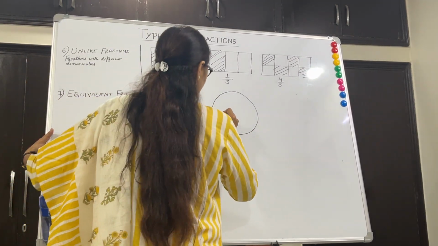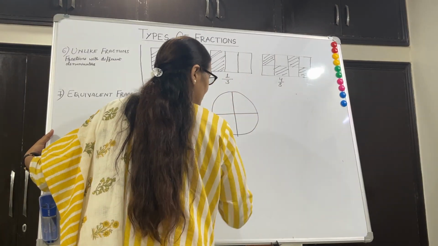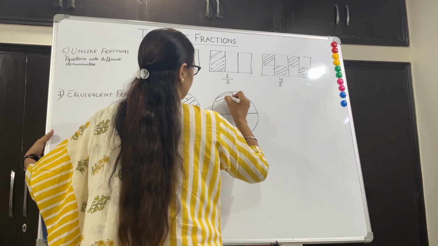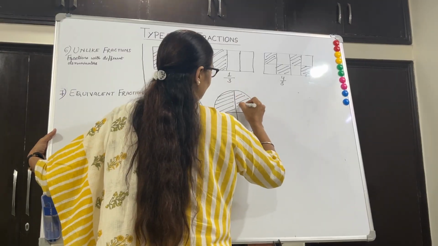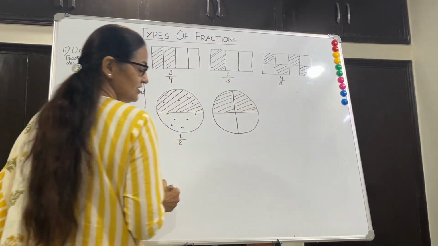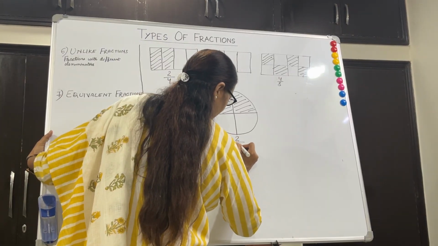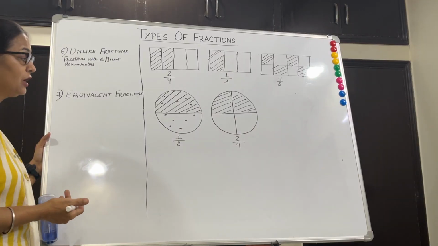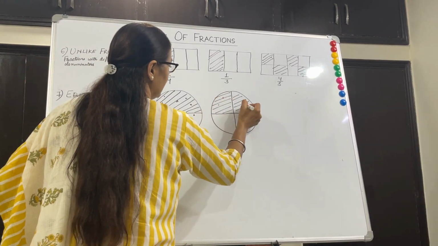She divides the pizza into 4 equal parts now and gives you 2 parts out of these 4 parts. So how much pizza do you get here? You are so happy that you have got two parts. Mama was about to give you one part. आपने कहा two parts. मम्मा ने two दे दिए कि चलो ठीक है two parts ले लो ना.